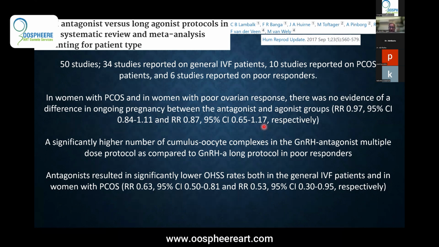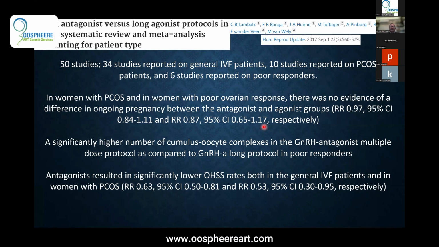Also, in antagonist you can use agonist as a trigger. In antagonist, the GnRH antagonist attaches to GnRH receptors and acts antagonistically. It inhibits the pituitary immediately, so there is an immediate effect and no flare effect. It just blocks the pituitary from releasing the gonadotropins.